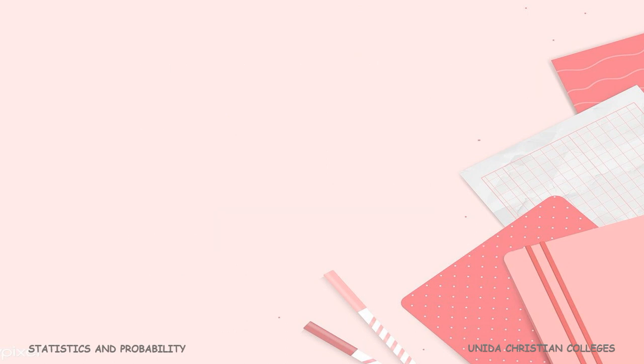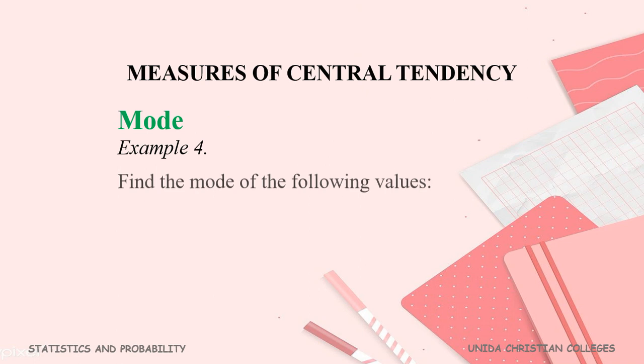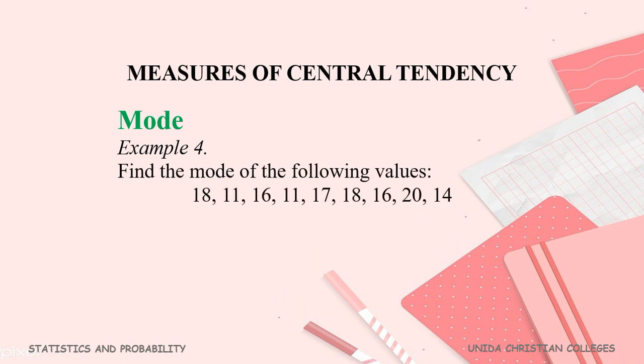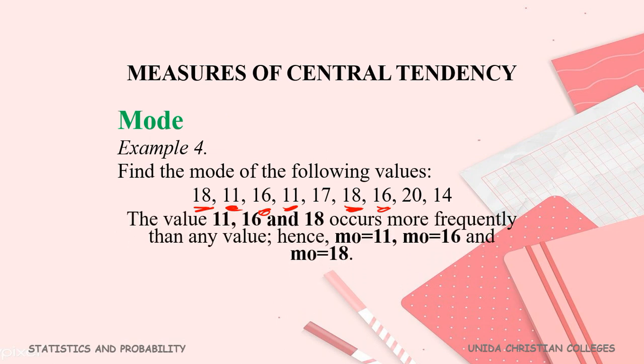Okay, next, let's have another example. We have 18, 11, 16, 11, 17, 18, 16, 20, and 14. So, let's observe. Si 18 po, 2 beses nag-occur. Same with 11. Same with 16. Meron pa ba? So, since tigda-dalawa silang nag-occur sa ating given na values or data, then sila po yung ating magiging mode ngayon.